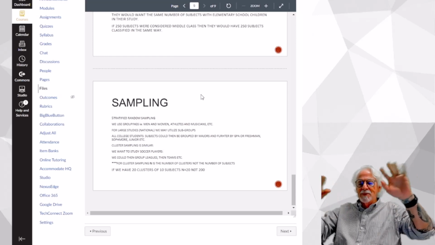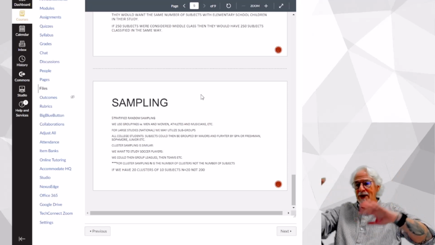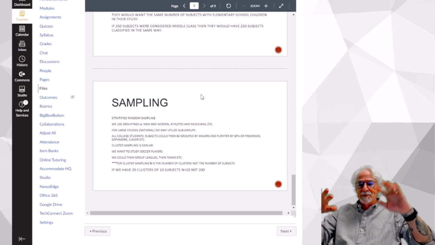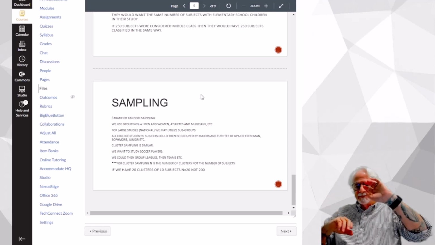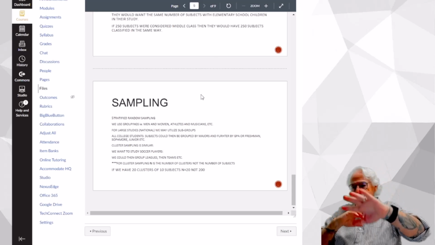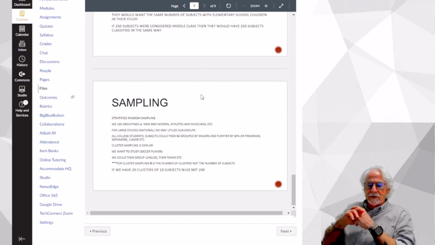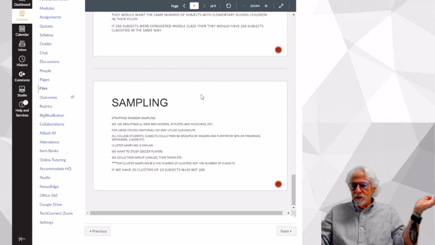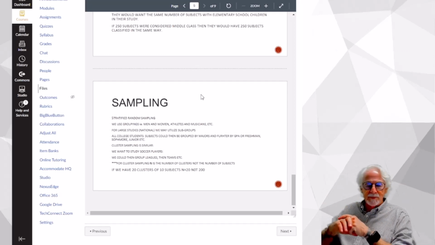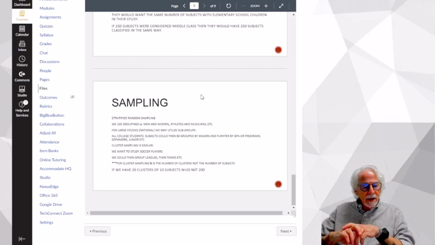Then I would pick one team out of every league, so I would end up with 1,000, and, right, I would end up with like 100 teams, let's say. But if I do cluster sampling, and each team has 20 people, let's say, I don't know how many people are actually on a soccer team.